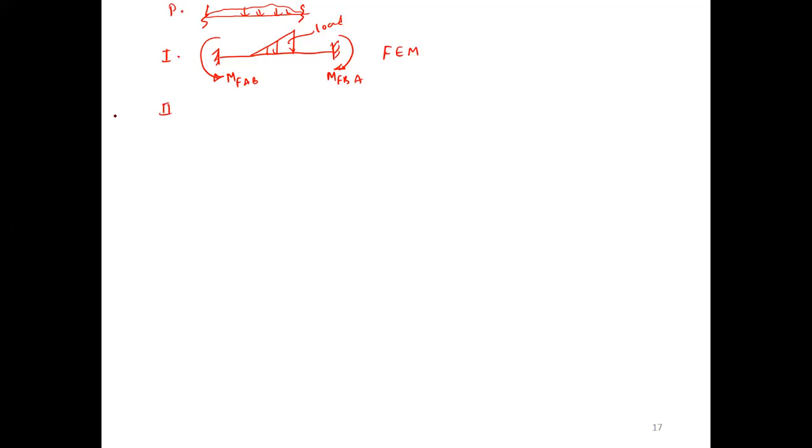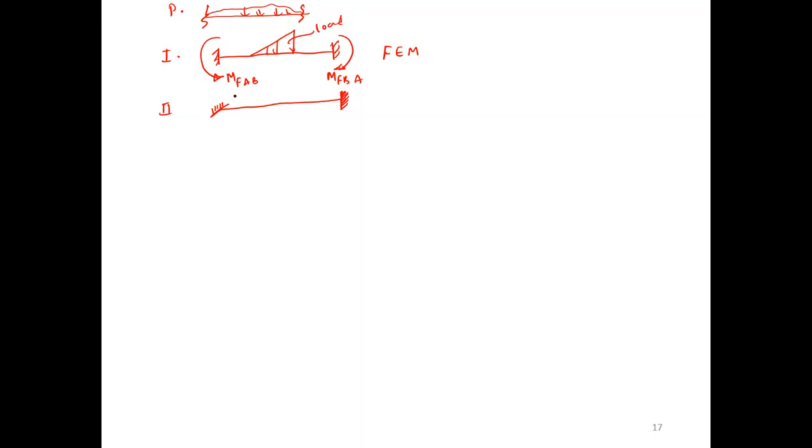Rotational contribution we have to evaluate. That rotational contribution is very, very important. If I am applying a moment, a rotation at B, and I am fixing this part for BA, I am computing for AB, right?